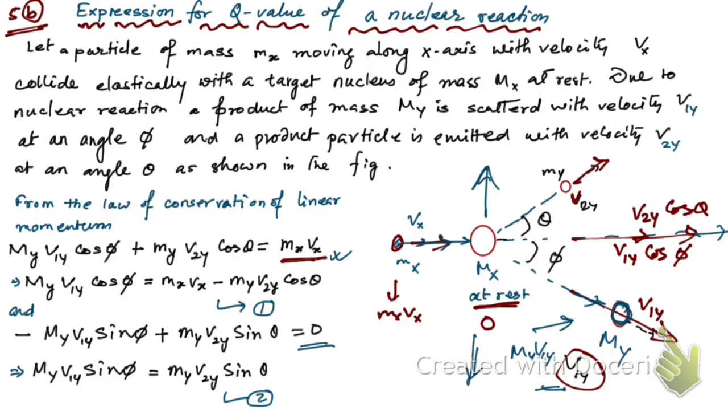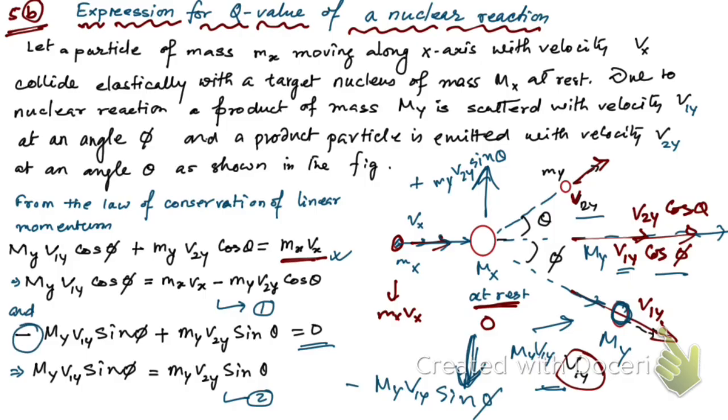Then after collision we have my v2y sin theta. Similarly, along this direction it is capital My v1y sin phi, right? But this is the positive direction and this is the negative direction, that's why we have used the minus sign here.